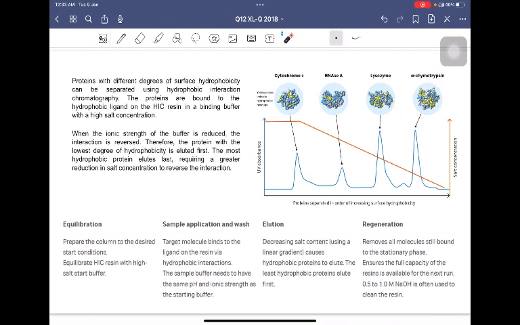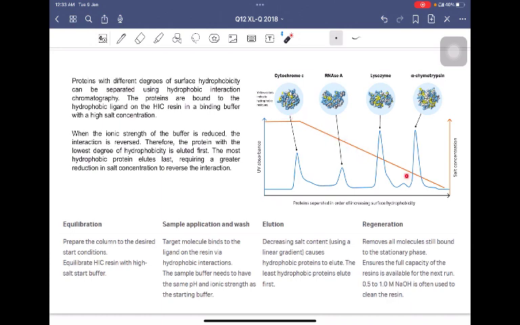So when we pass this protein mixture through the hydrophobic chromatography resin and reduce the salt concentration, the most hydrophobic protein will elute last. That is why alpha chymotrypsin is eluted last, right?